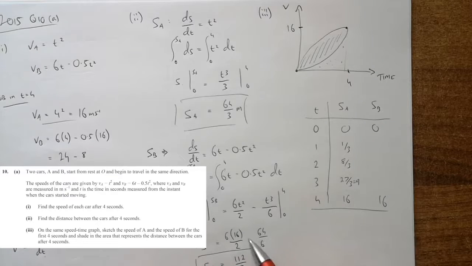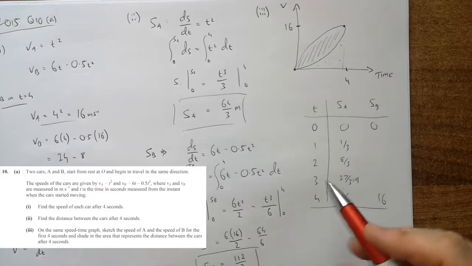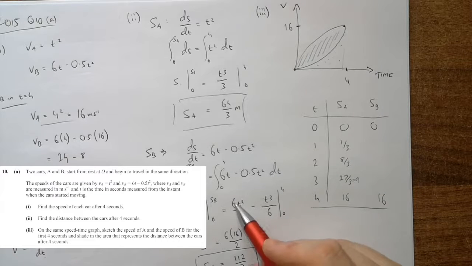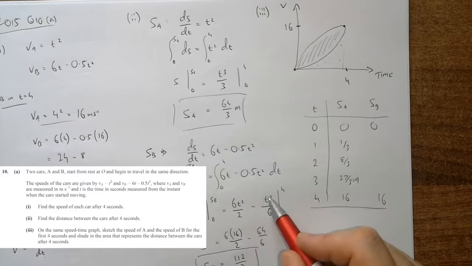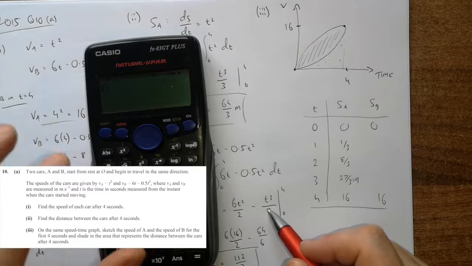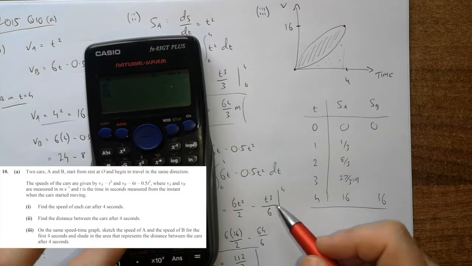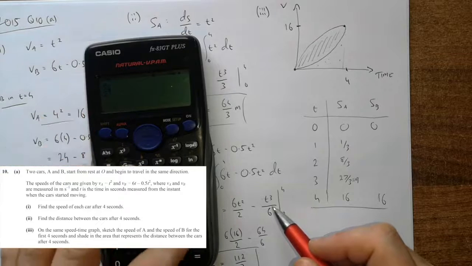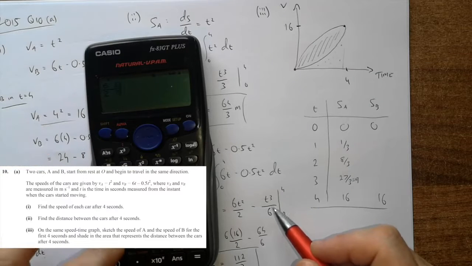Okay, SB is a little bit funkier. It's this guy here. But again, we're dealing with fairly nice numbers. So 6 over 2 minus 1 over 6. Just punch that in again. I know you can do it in your head, but let's not give ourselves too much to worry about in an exam. Minus 1 over 6.